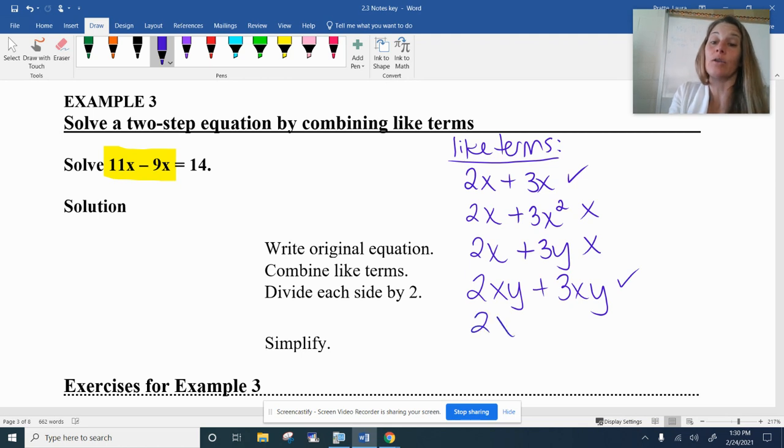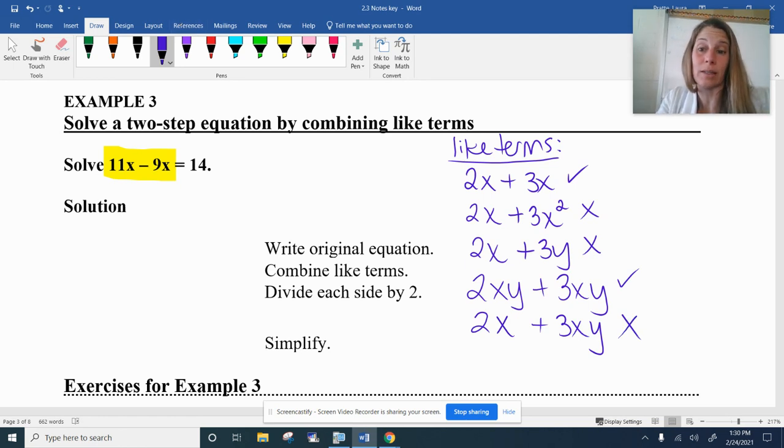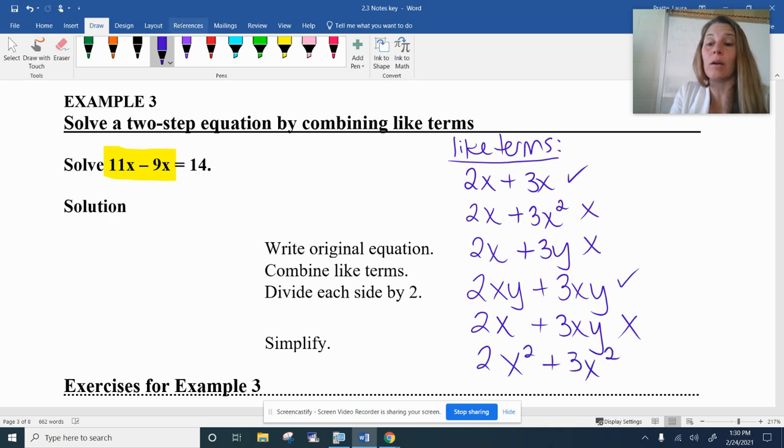If I had 2x and 3xy, those would not be like terms because one just has an x and one has an x and a y. If I had a 2x squared and a 3x squared, that would be like terms because they both have an x that's squared. So just to kind of give you an idea.